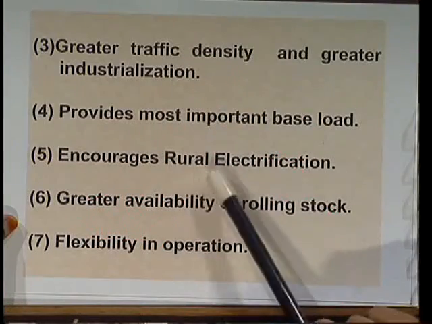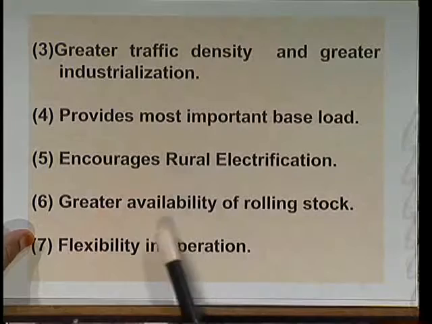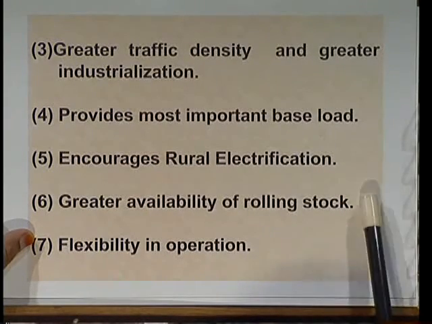The next advantage is that it encourages rural electrification. The track electrification encourages rural electrification as no special transmission lines have to be set up for the purpose. The next advantage is the greater availability of rolling stock.